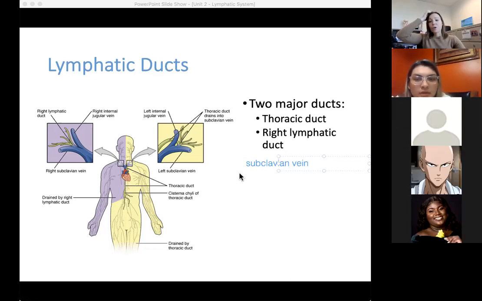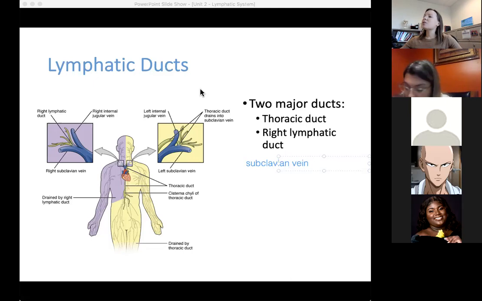Okay, so both of the lymphatic ducts are emptying lymph into each of the subclavian veins, just depending on which side of the body it's on. But they're draining different areas of the body. So just know that the right lymphatic duct drains only from the upper right area of the body. And the thoracic duct pretty much is draining lymph from everywhere else, from the upper left and the whole lower half of the body.